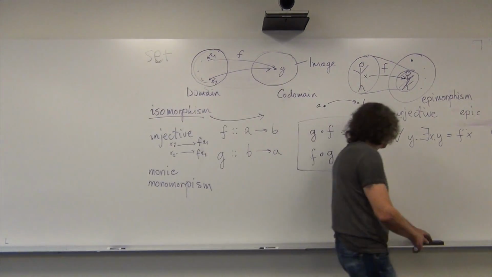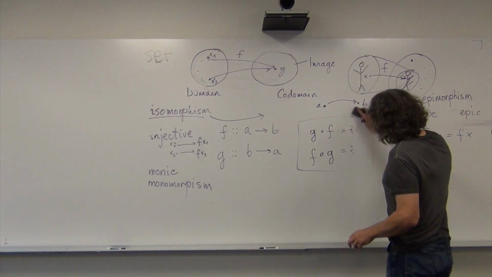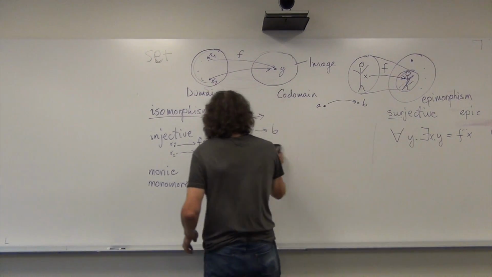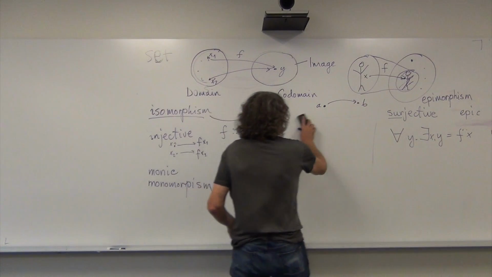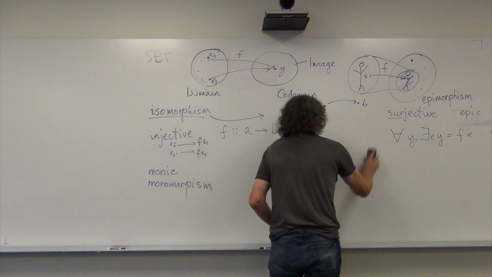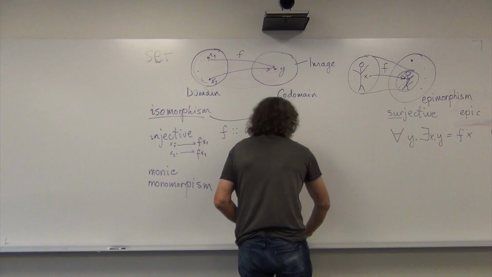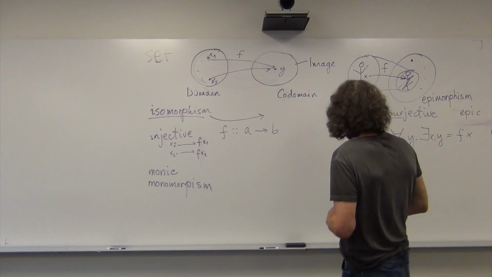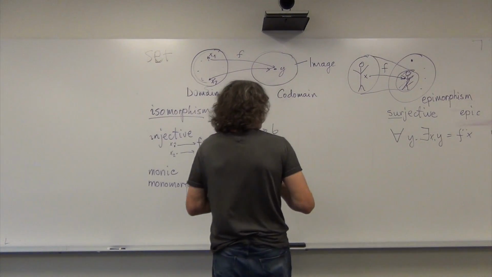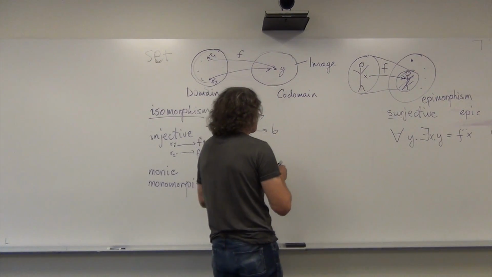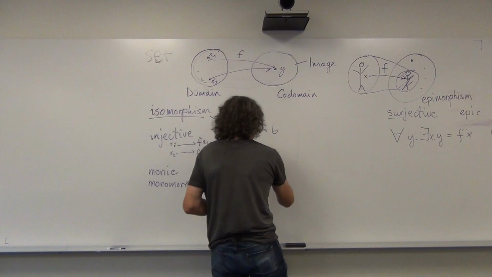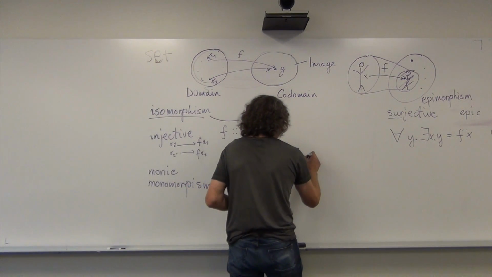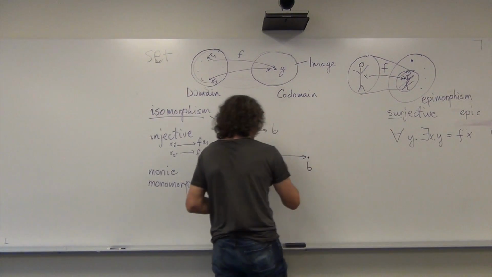Okay, let me erase this, maybe. You remember this? That's an easy thing. Okay? So how would we define, let's say, an epimorphism? I think that's easier. An epimorphism. So we have a function from A to B. Sorry, not a function, a morphism.